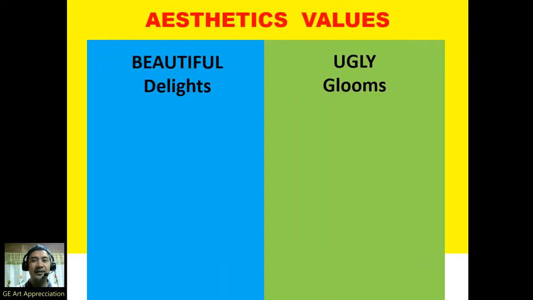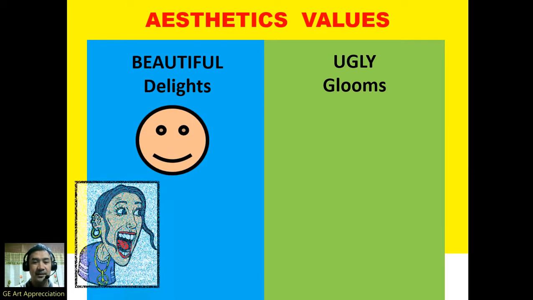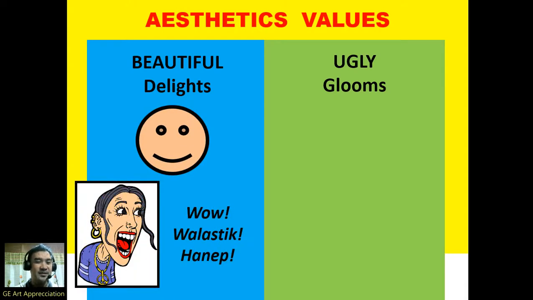Here on the aesthetic values, if the painting or a certain artwork is beautiful, then it is delightful. So what are the common reactions? You can say, wow, walastic, hanep.